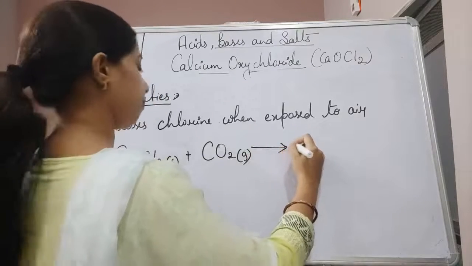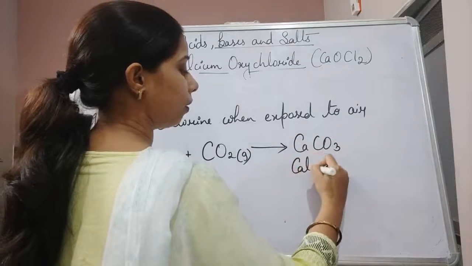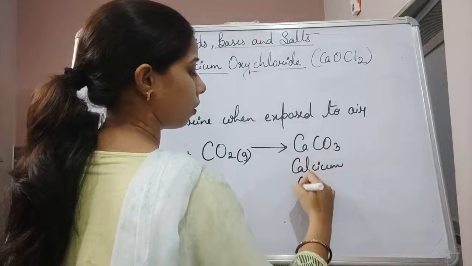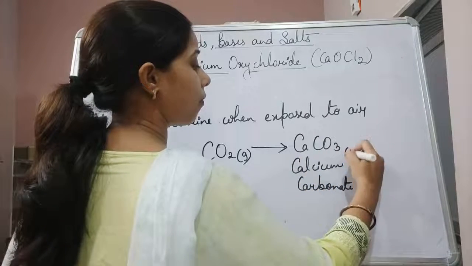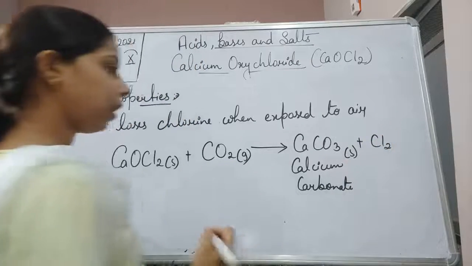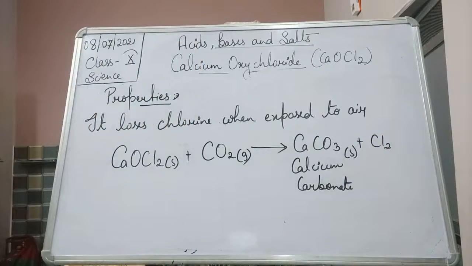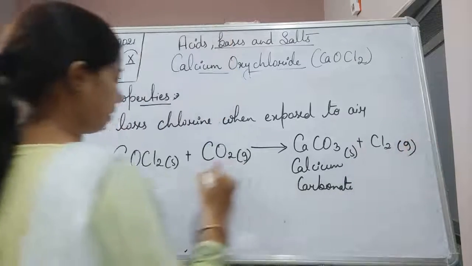formation of CaCO3, calcium carbonate. That's why it is in the form of a solid, plus Cl2 is released along with it. Okay, this is in the form of a gas.